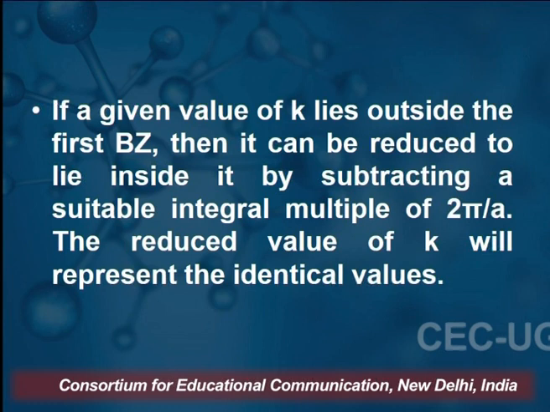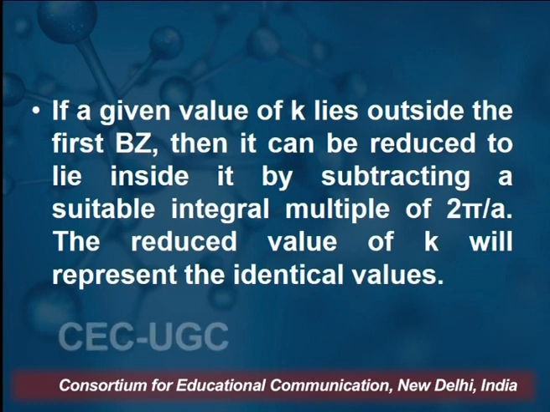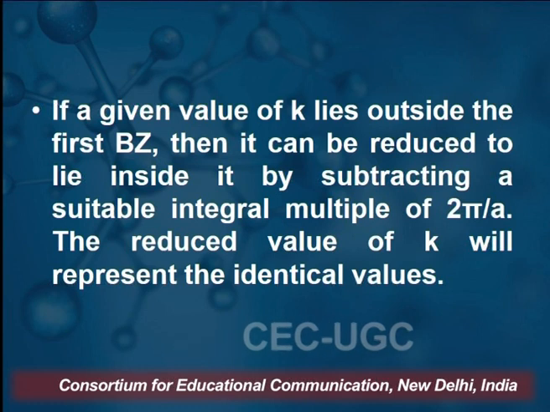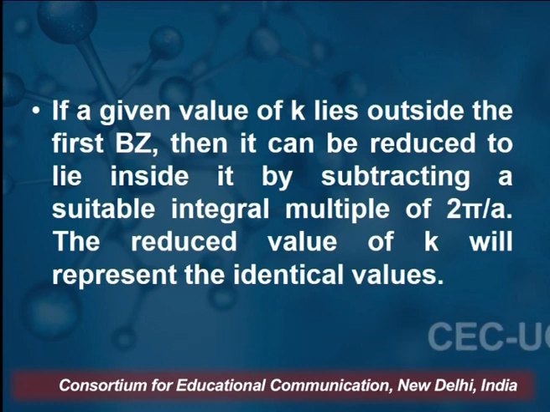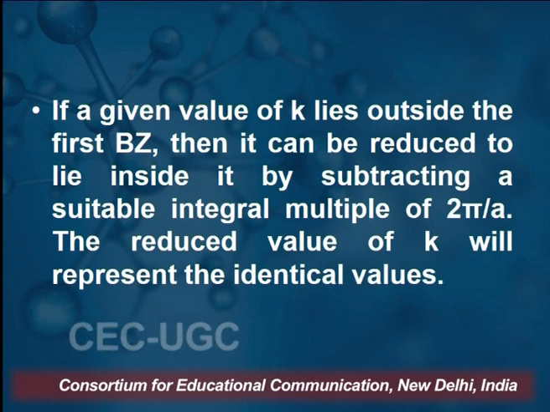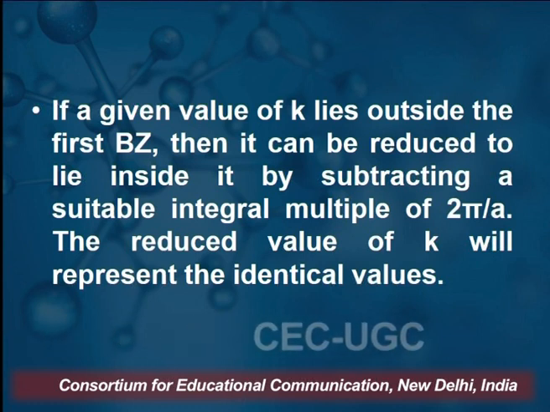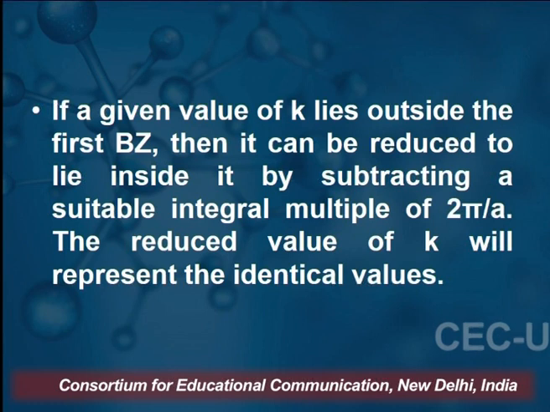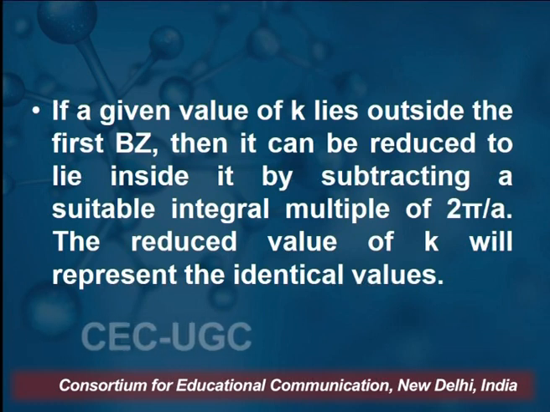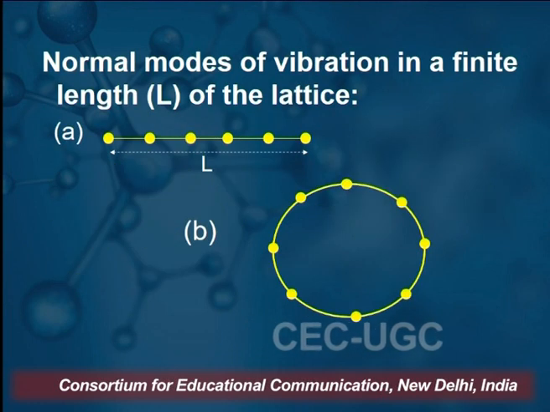Then the reduced value of k will represent an identical wave. That means for the lattice, all values of k need not be studied; if we study only the region minus pi by a to plus pi by a, then the entire crystal will be studied.